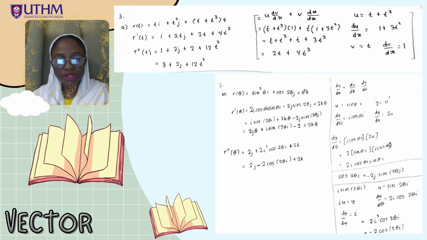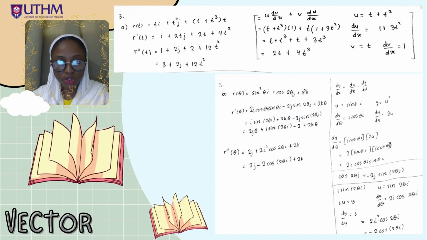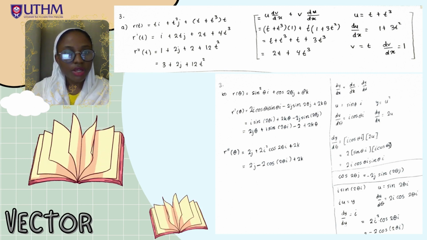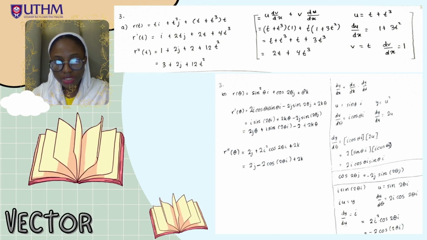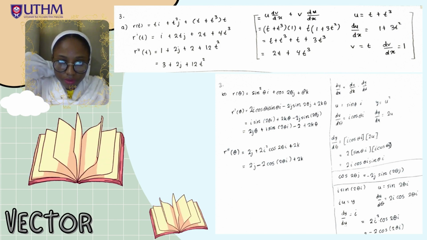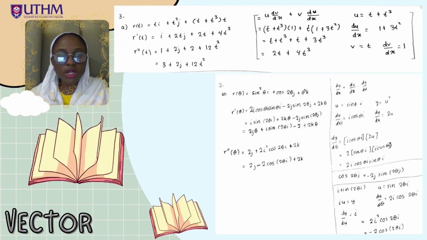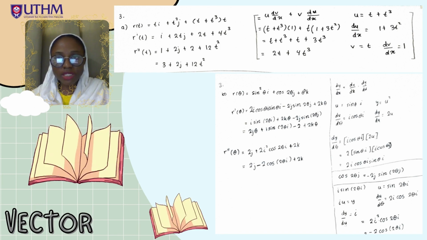This question is more simple and very straightforward. So the solution is shown here. We just differentiate like normal for question number 1, r(t). I use the product rule to actually find the answer for t plus t cubed with a t outside, where t plus t cubed became u, and the t outside I took as v, which gives us the answer of 2t plus 4t cubed.